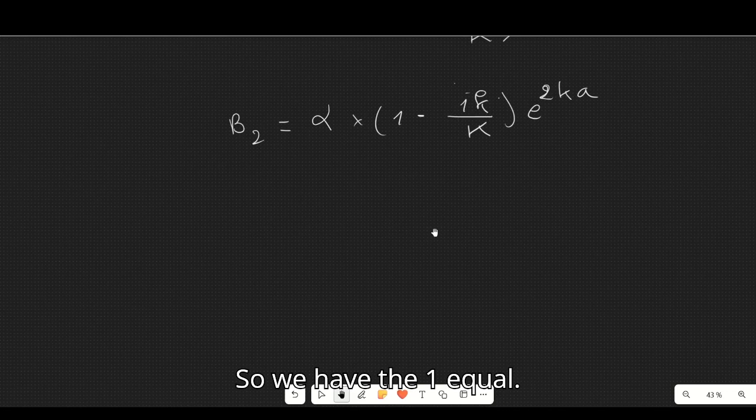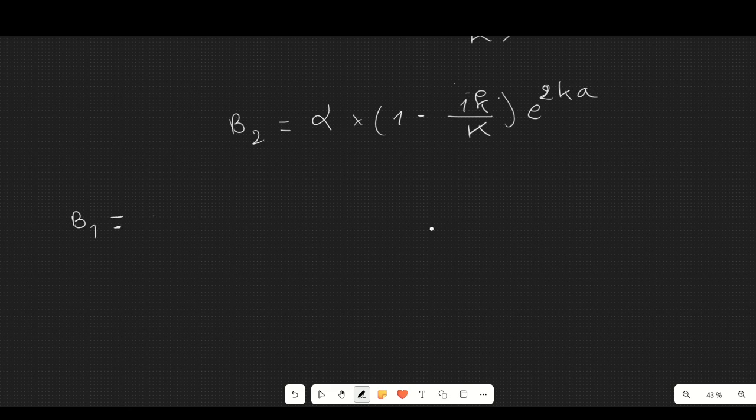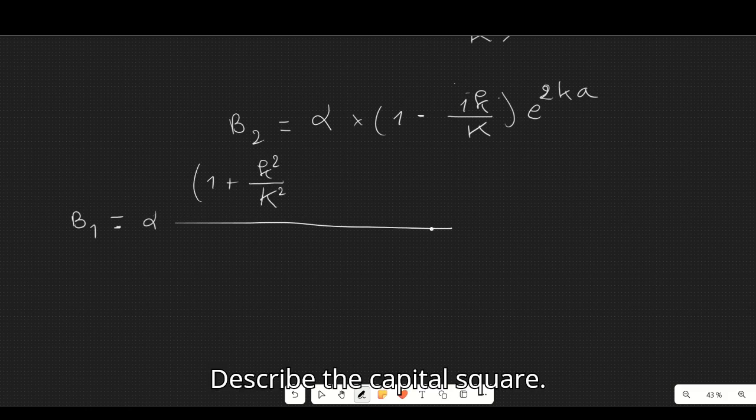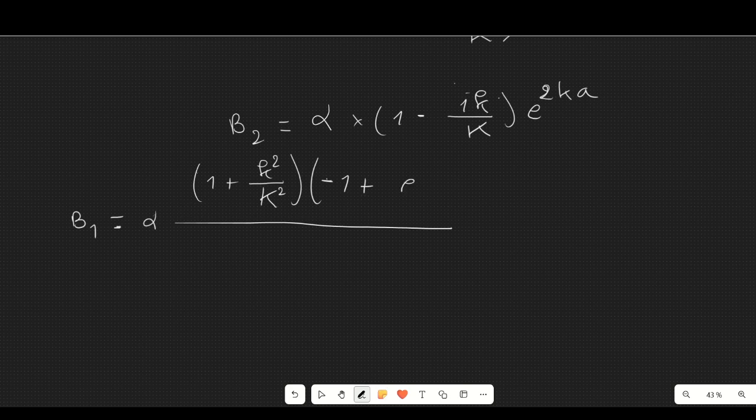So we have b1 equal to alpha times 1 plus k square over capital K square minus 1 exponential of 2Ka.